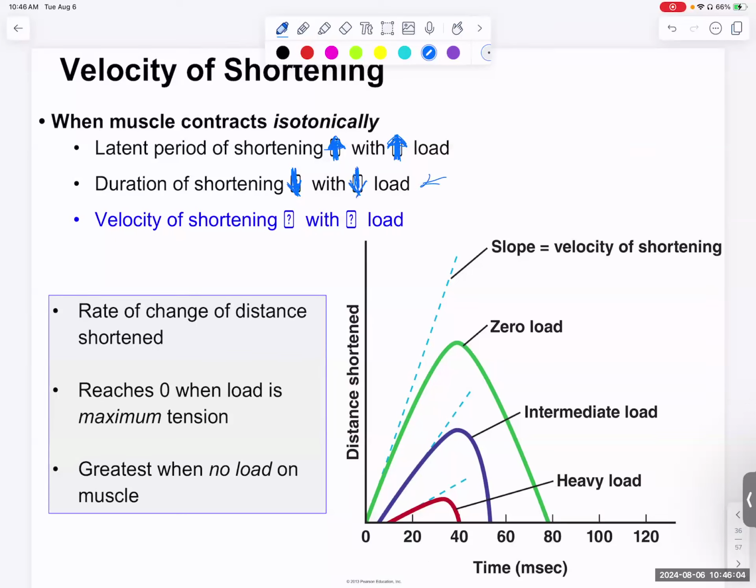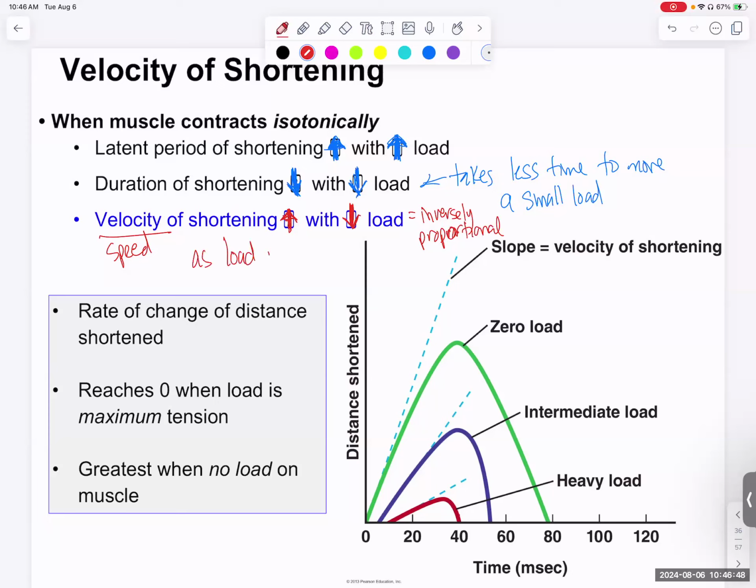That means it takes less time to move a small load. We can do it faster. So the velocity, which is the speed of shortening, is going to increase with decreasing load. That is to say, inversely proportional.